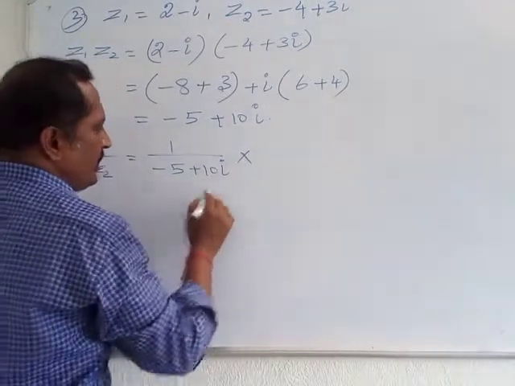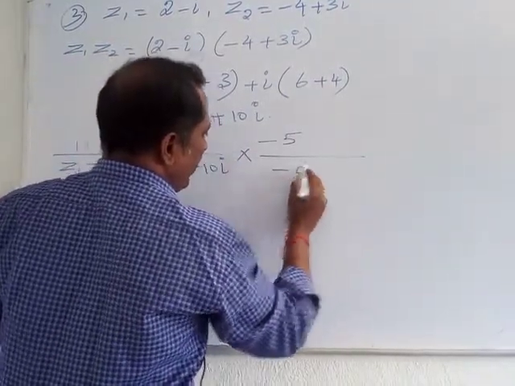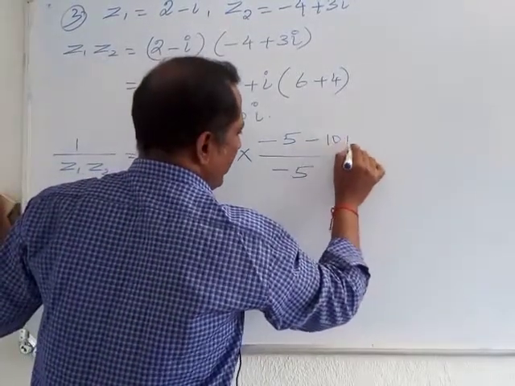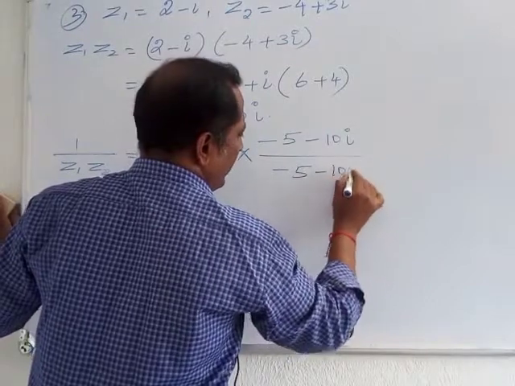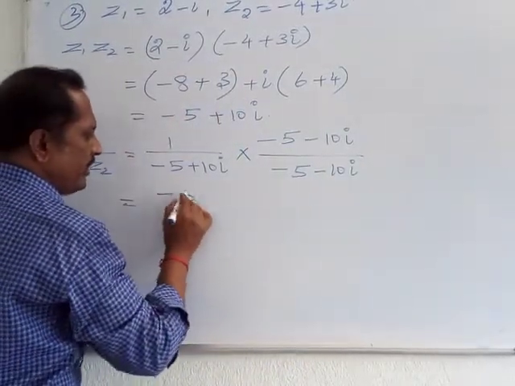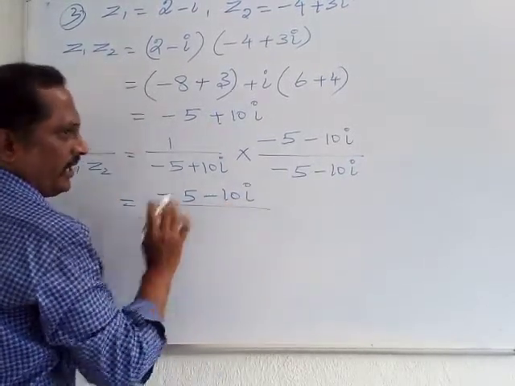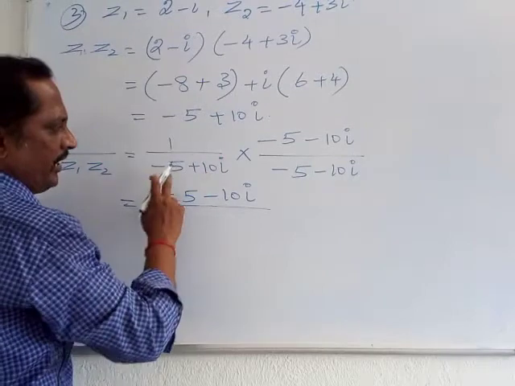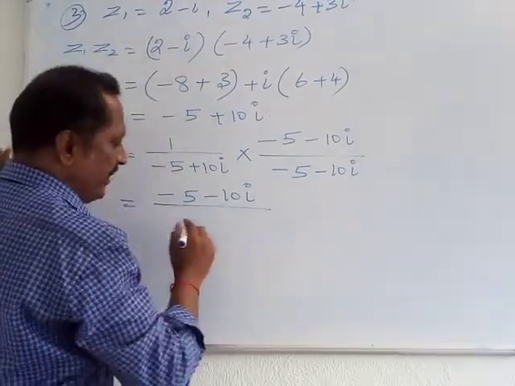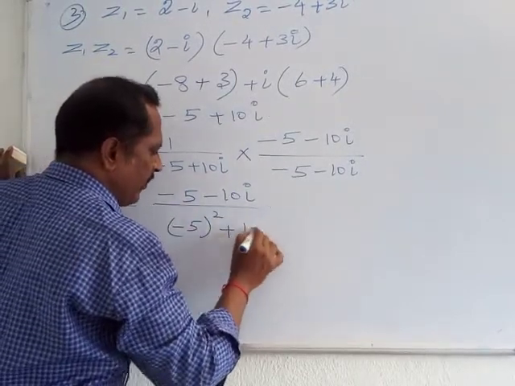This format is not allowed, so you have to multiply numerator and denominator by the conjugate. The conjugate means minus 5 minus 10i, in both numerator and denominator. So the numerator is minus 5 minus 10i, divided by, as already told in the last sum, (a plus b)(a minus b) in complex numbers is a squared plus b squared.